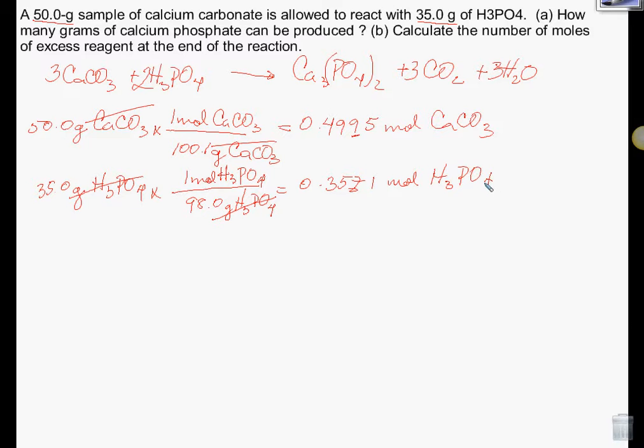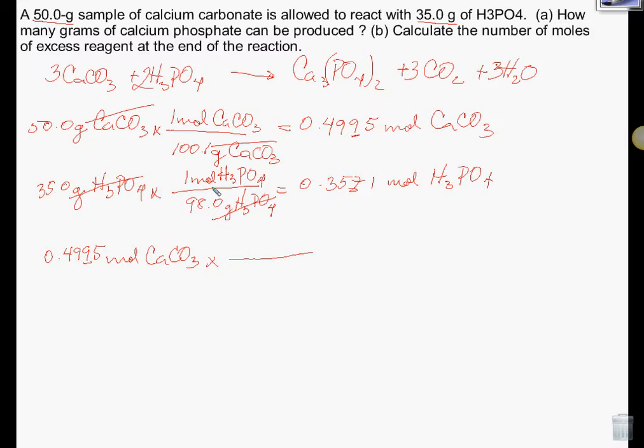Okay? Now, the second step is we're going to calculate the moles of product that can be produced from each reactant. So if we have 0.4995 moles of calcium carbonate, using equivalences, we're going to see how many moles of calcium phosphate can be produced with this amount of calcium carbonate. So we use equivalencies.